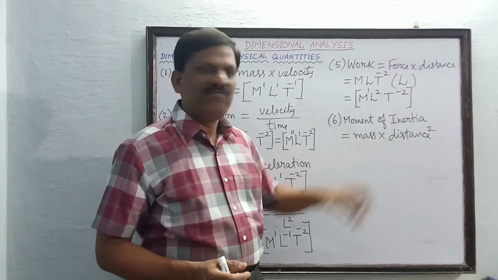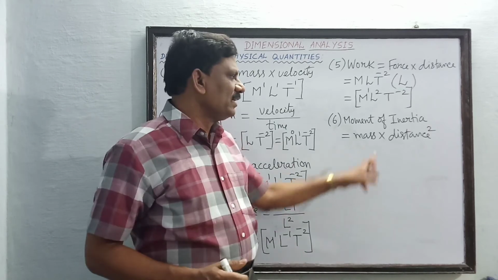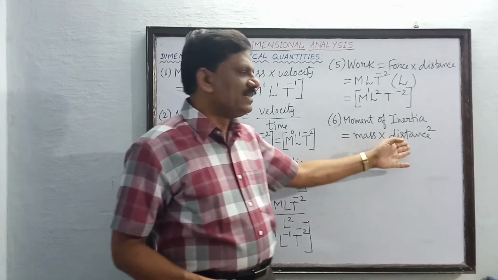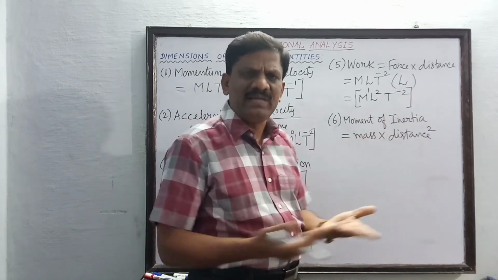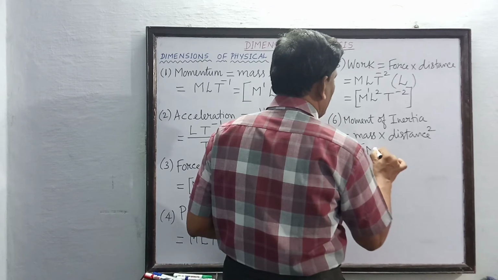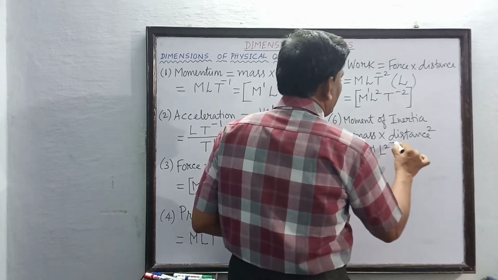Now you tell me, what is the dimensional formula for mass? It is M. Distance is L, so distance square is L square. Directly we can write M L square.